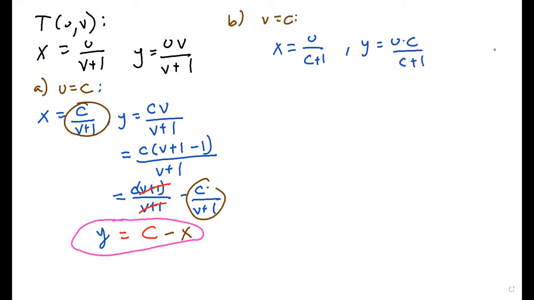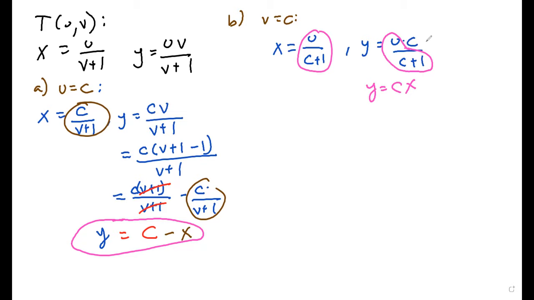And here we see, once again, that is x right there. Oops, I circled the wrong thing there. That is going to equal x. So we see that y is equal to c times x.